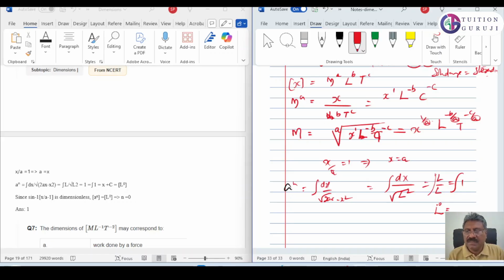So now the left hand side, LHS, we got L raised to 0. It's equal to A raised to n sine inverse x by A minus 1.